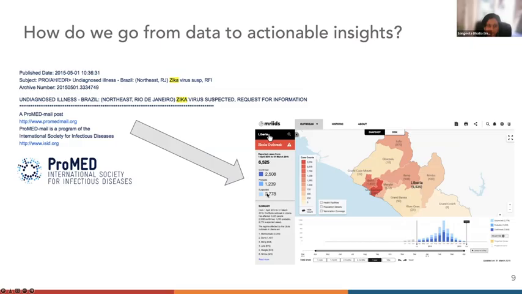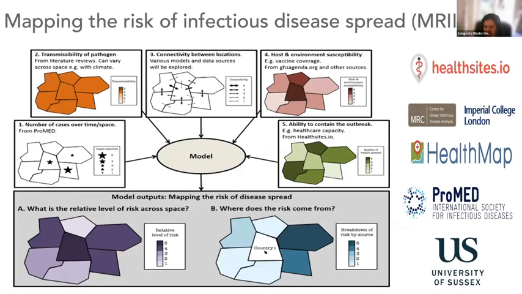Yeah, so we wanted to go from something like this to something like that. So in 2018, our group here at Imperial got together with ProMED, with HealthMap, with Health Sites, and other partners to build a framework for doing this. What we wanted to do was to get the number of cases over time and space from ProMED or HealthMap, combine that with information about a pathogen, right?